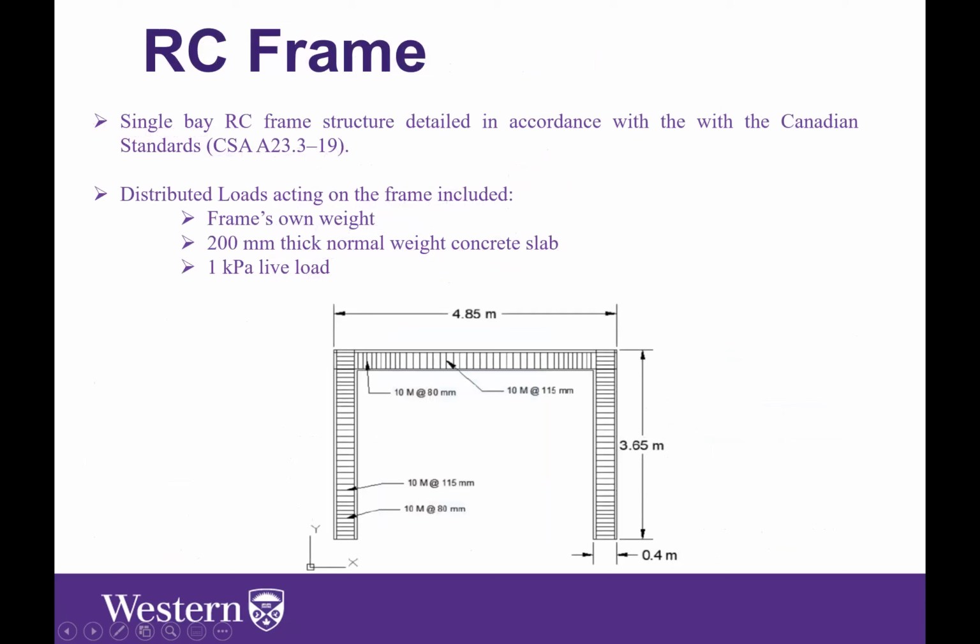Several reinforced concrete frame structures were detailed and designed according to the Canadian standard, CSA A23.3, the Red Book. Over here, as you can see, this is a detail of the reference frame used, 4.85 meters. The loads included in the design were the frame's own weight and a 200 millimeter thick concrete slab on top of this frame, along with a live load of 1 kPa as given by the NBCC, the National Building Code of Canada.